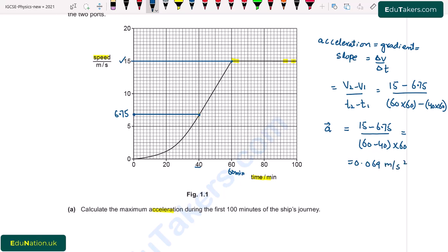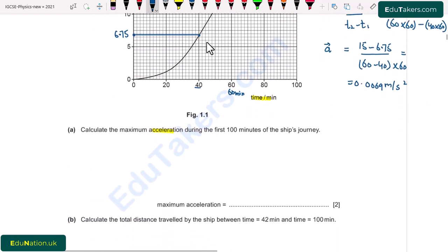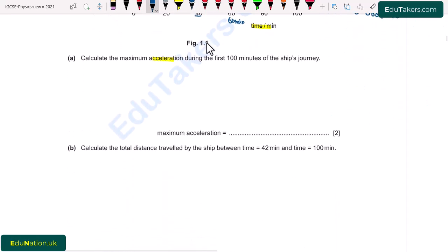So the maximum acceleration is 0.0069 meters per second squared.